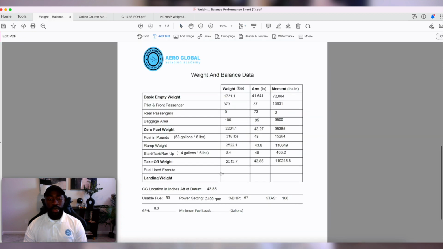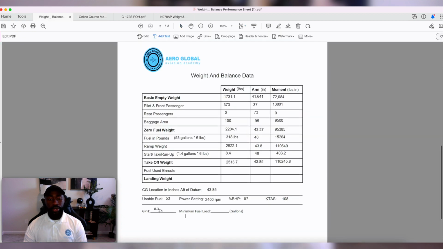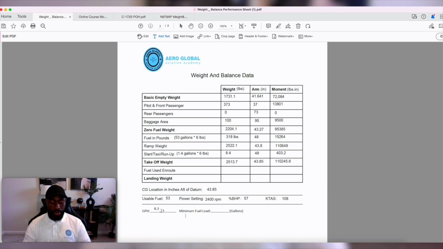So if we're flying for 2 hours and the airplane burns 8.3 gallons per hour, we just multiply 2 by 8.3 and we get how many gallons we're burning for 2 hours. So it's 16.6. So the same thing here. For burning 16.6 gallons, just be careful. You can't come and put 16.6 gallons here because the weight is in pounds.